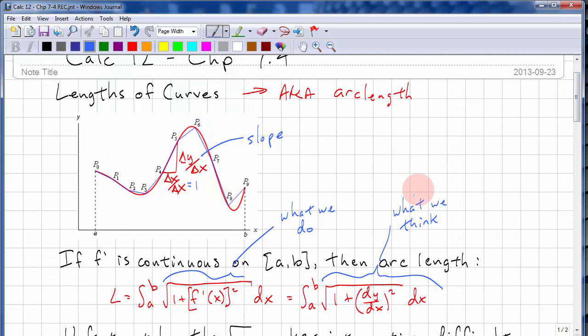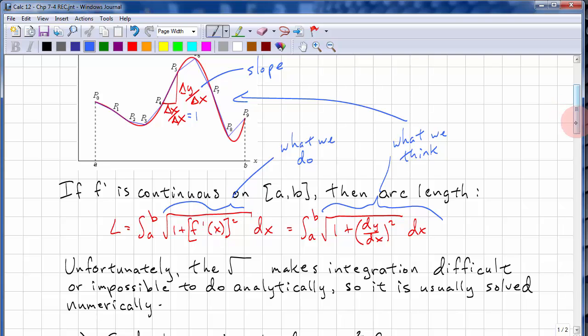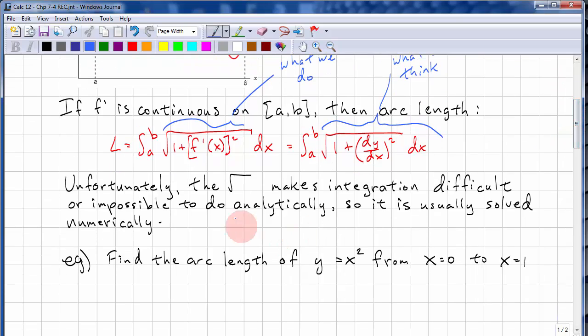Okay, so this is the way we think about it, this diagram, and this is what we're doing. Now, unfortunately, the square root makes integration difficult or impossible to do analytically. So it's usually solved numerically.